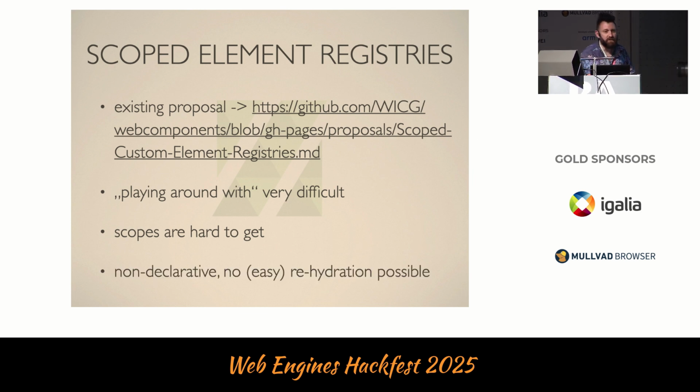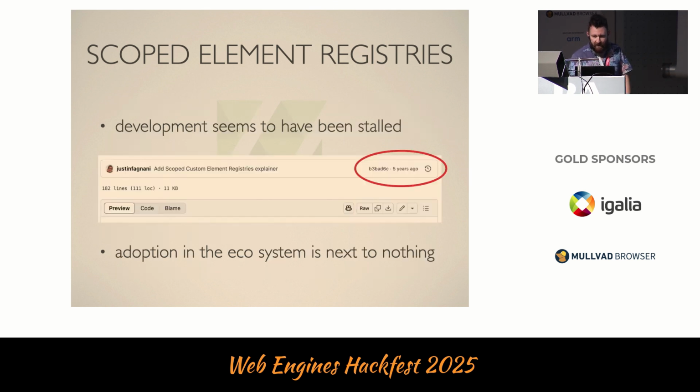I think one of the biggest drawbacks nowadays is that it's a non-declarative way, because the whole setup of the scoped custom element registry is done imperatively, so there's no representation in the DOM. So when you look at the DOM, you cannot easily rehydrate. And furthermore, the proposal is quite old, 5 years old, and at least in my experience, the adoption, the ecosystem is next to nothing.